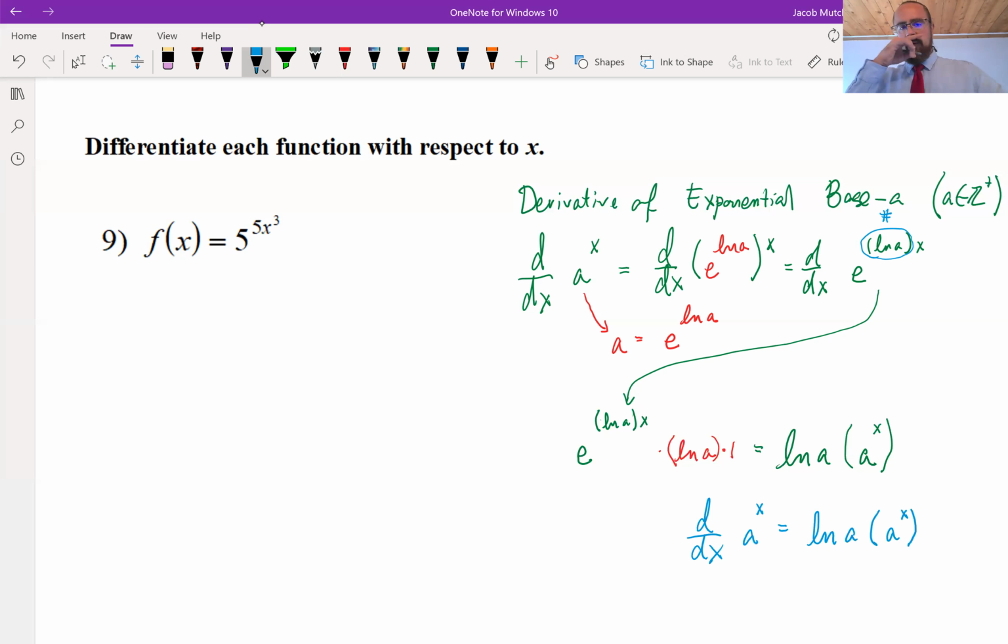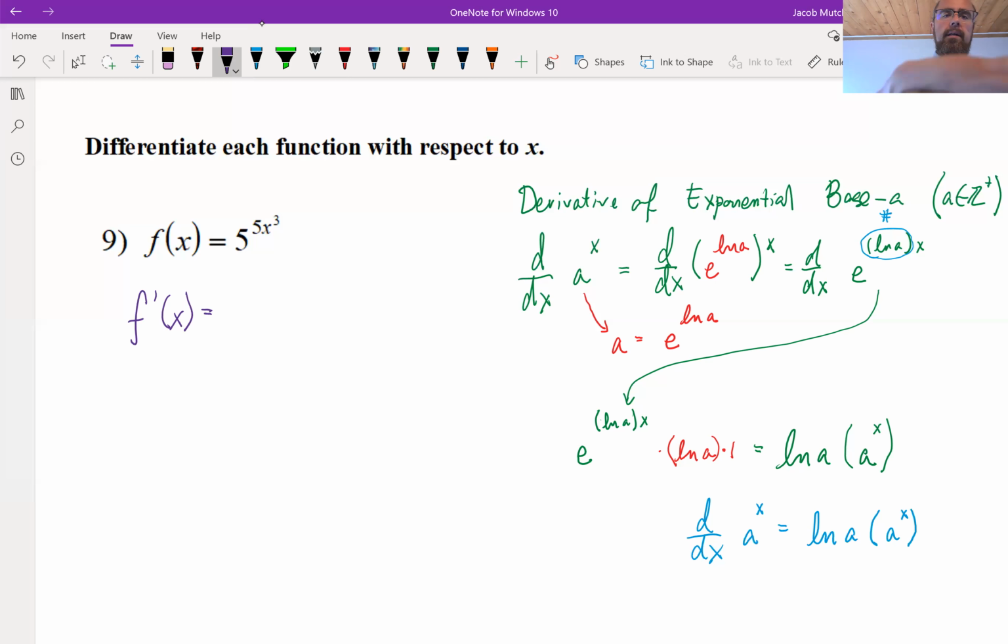So that's what I want to apply to this function here, f of x equals 5 to the power of 5x cubed. Let's begin by applying this rule. So the derivative of f of x, and I'm going to focus first on taking, again, the derivative of the outer function, which is 5 to some power. And I'm not going to change that power at first.